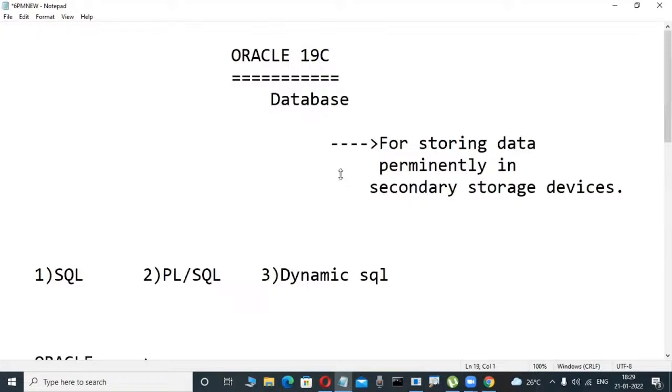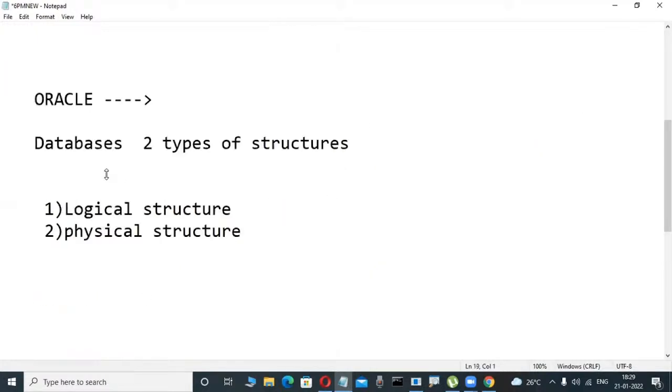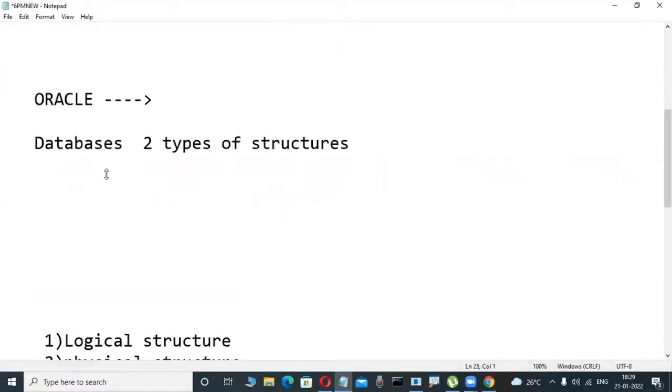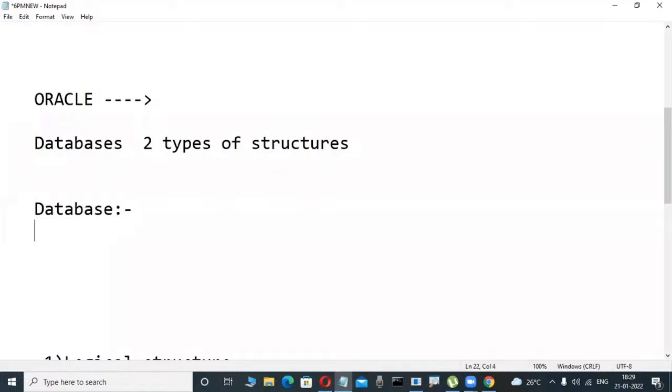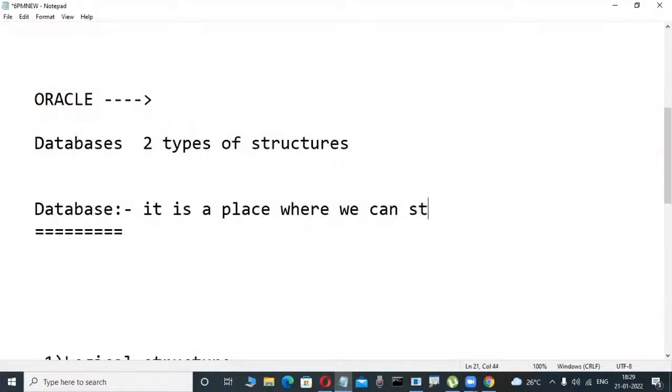Before we tell what the logical and physical structures are, consider the database definition. In books, many write it like this. Today at least you will understand. What is a database? Anybody looking in Google or in books will see: it is a place in a computer system where we can store a structured collection of data.